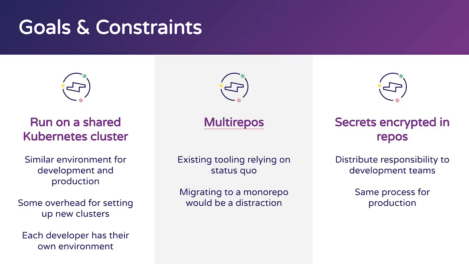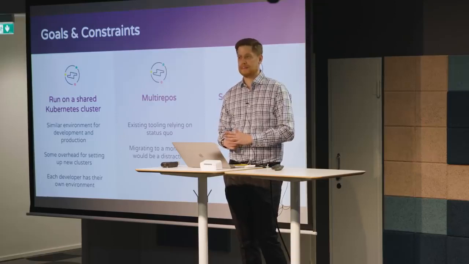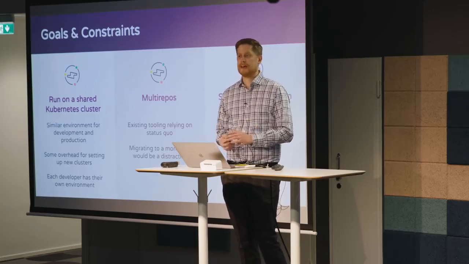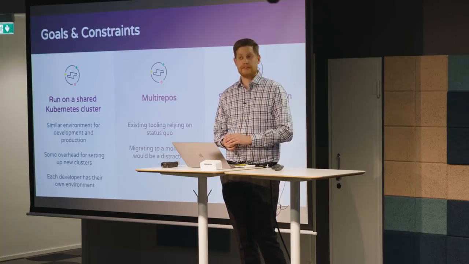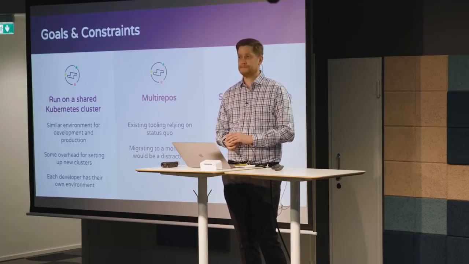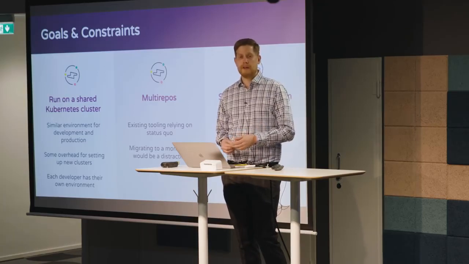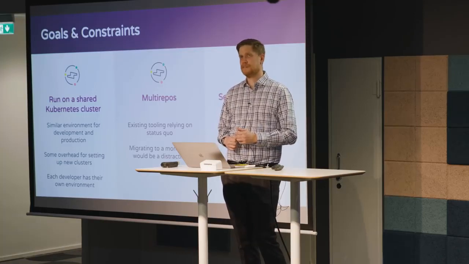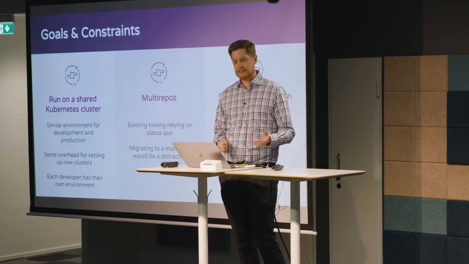And then we wanted to have the secrets in each repo for the service, so that the teams could work more independently and not have to bug someone with a master key to change them in production. And probably the same solution should also work then for the development environment. So basically, you could think of Rails's encrypted secrets, but something that is more framework independent, because we are not just running Rails.